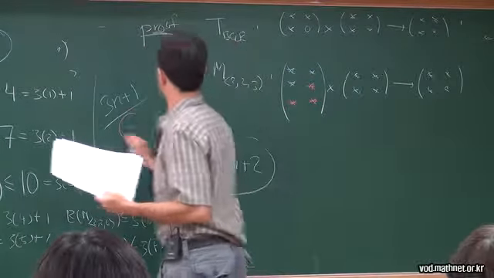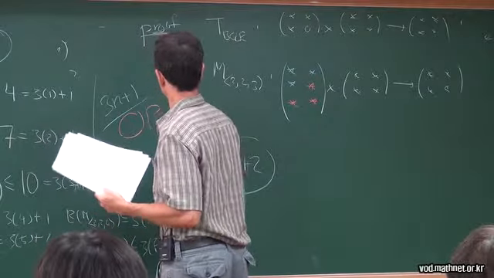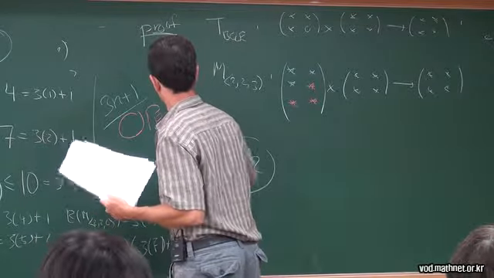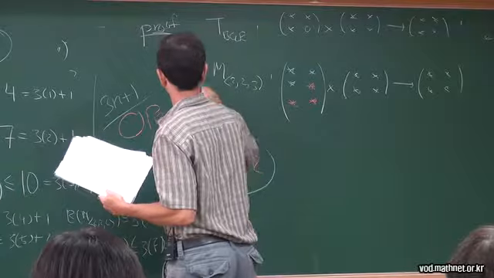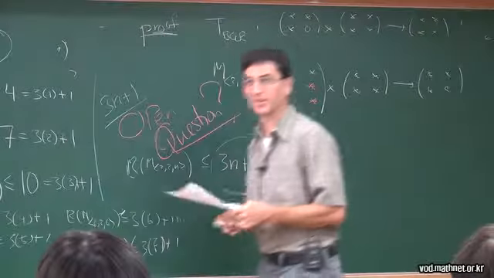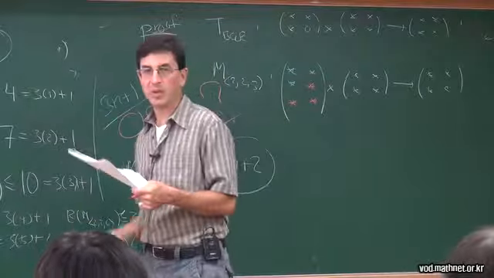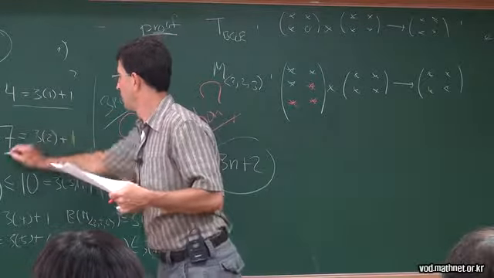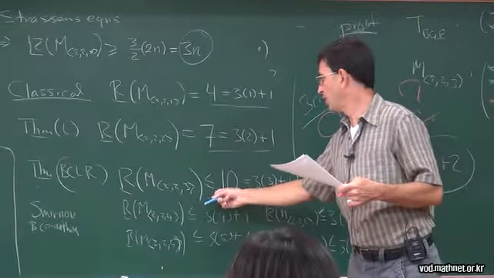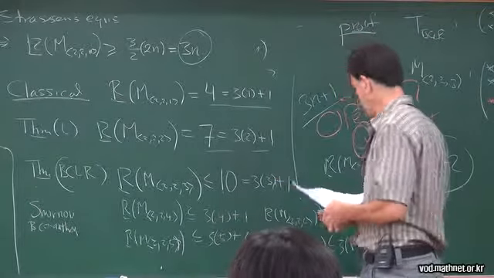So, open question. Which of these three numbers in general? So for small n, it's 3n plus 1. But already for 3, we don't know. This is only an upper bound.